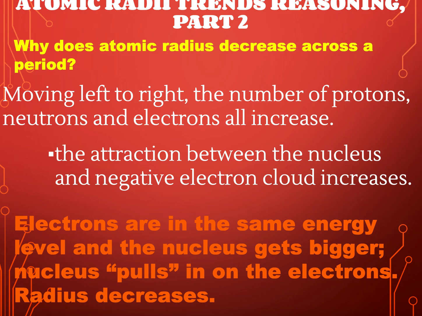It's a universal truth. As we go across, because we're not adding rings, the positive nucleus is becoming more positive, and the attraction between the nucleus and the electrons is stronger. And so the atom gets pulled in tighter and tighter and tighter, just like a stronger magnet pulls things in more.